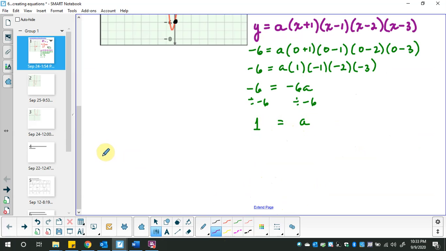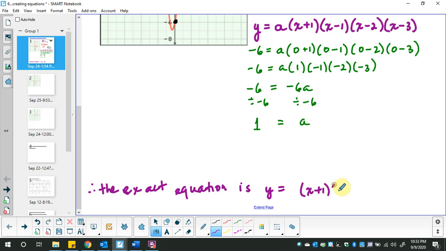So that means, number 1, the exact equation is y equals x plus 1 times x minus 1 times x minus 2 times x minus 3, with or without the visible 1 in front.